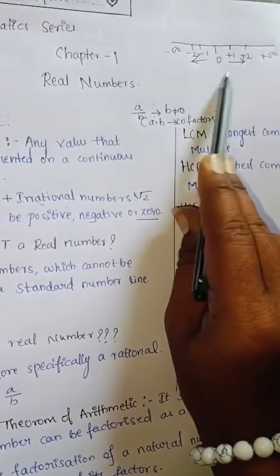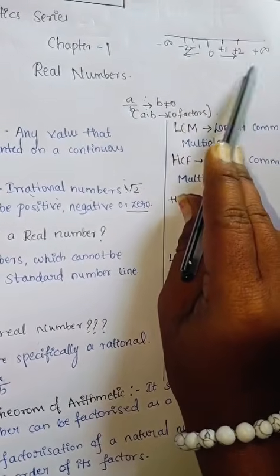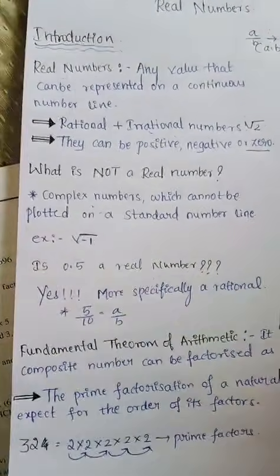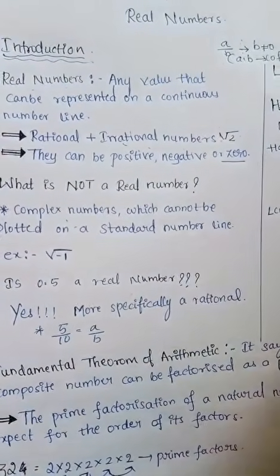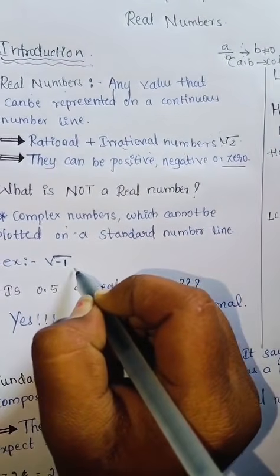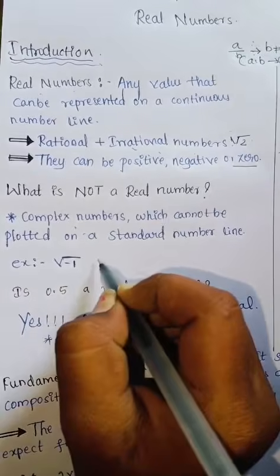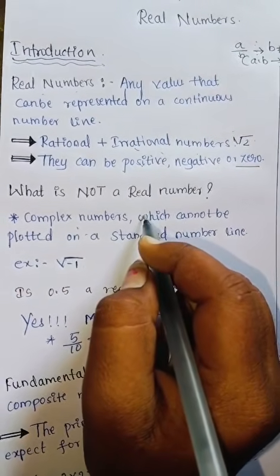Here, which cannot be expressed on the standard number line are not real numbers. Best examples are complex numbers that cannot be plotted on a number line. For example, root of -1 cannot be plotted on a standard number line.